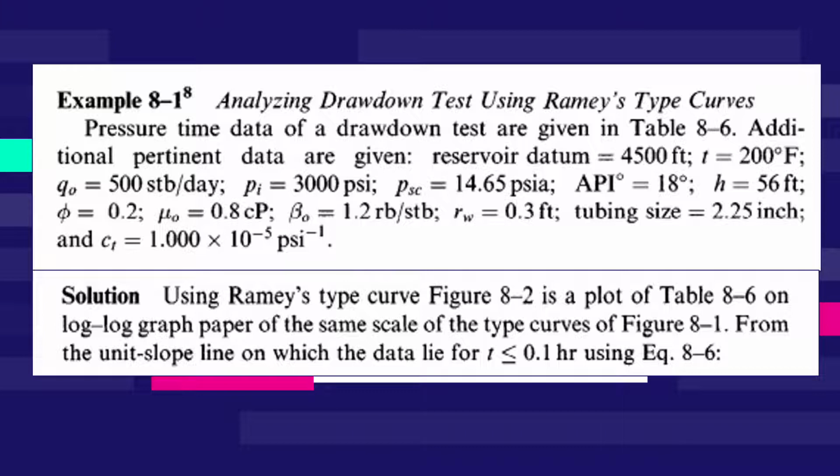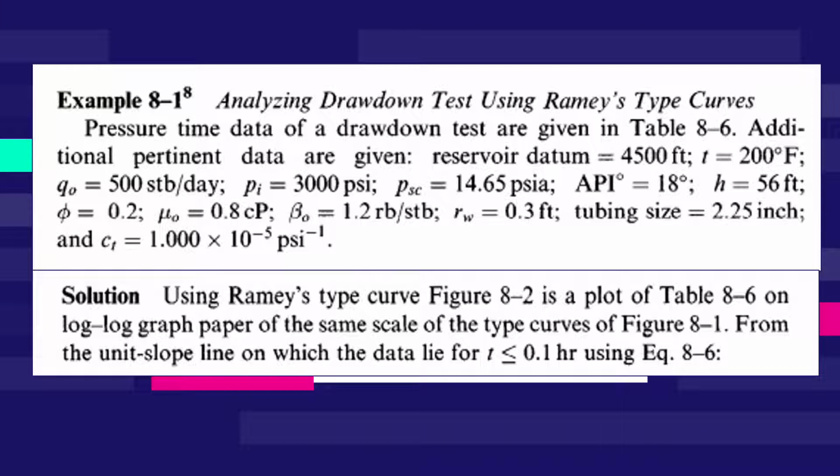The reservoir datum is 4,500 feet, temperature 200 degrees Fahrenheit, QO 500 STB per day, PI 3000 psi, PSC 14.65 psia, API 18 degrees, height 56 feet, phi 0.2, mu O 0.8 cp, BO 1.2 RB per STB, RW 0.3 feet, tubing size 2.25 inch, and CT 1 times 10 raised to negative 5 psi negative 1.